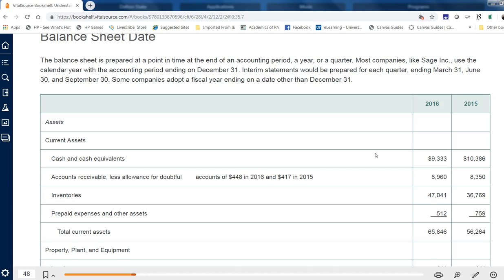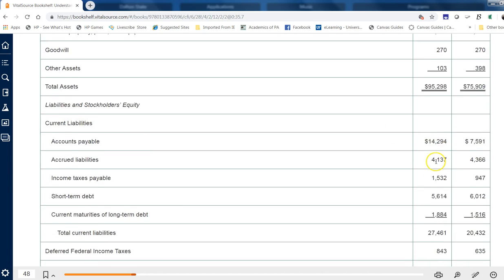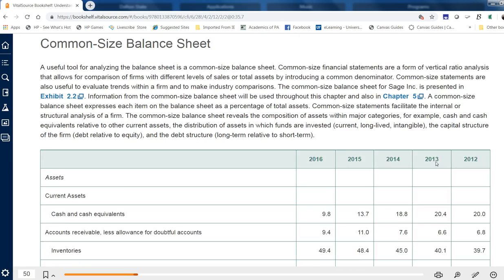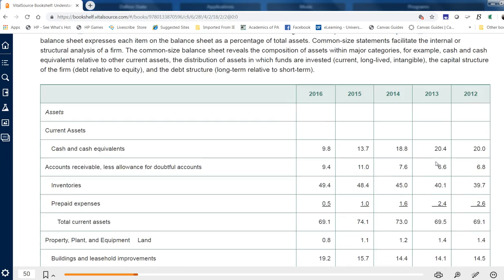What would be an interesting analysis is that, okay, the company has seen a decline in its cash position by almost $1 million, while at the same time, they've seen a reduction over the last 5 years of cash as a share of total assets from 20% down to 9.8%.